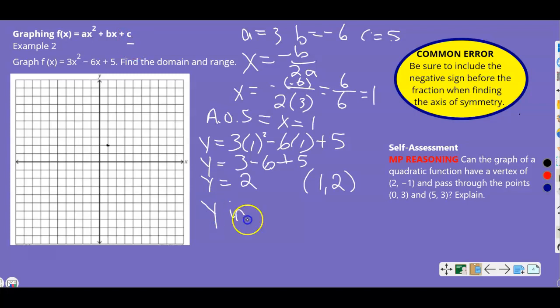So we know the y-intercept is 5. The y-intercept is on the y-axis, so I'm going to start at 0, 1, 2, 3, 4, 5.